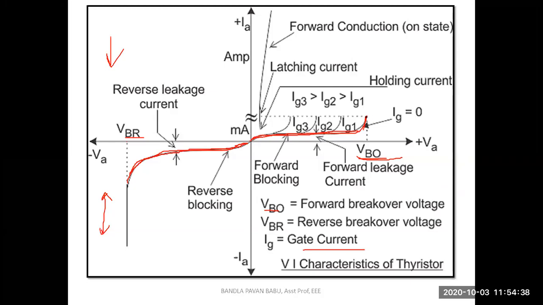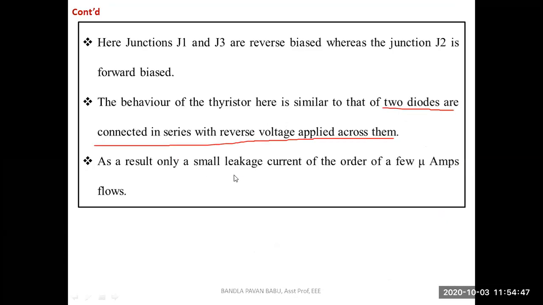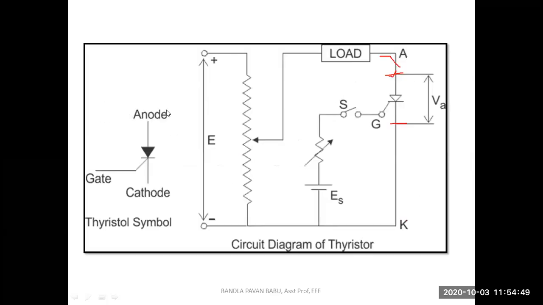Breakdown in the sense that the switch may completely close. If the switch is completely closed, current flows from anode to cathode, which is exactly what we need.